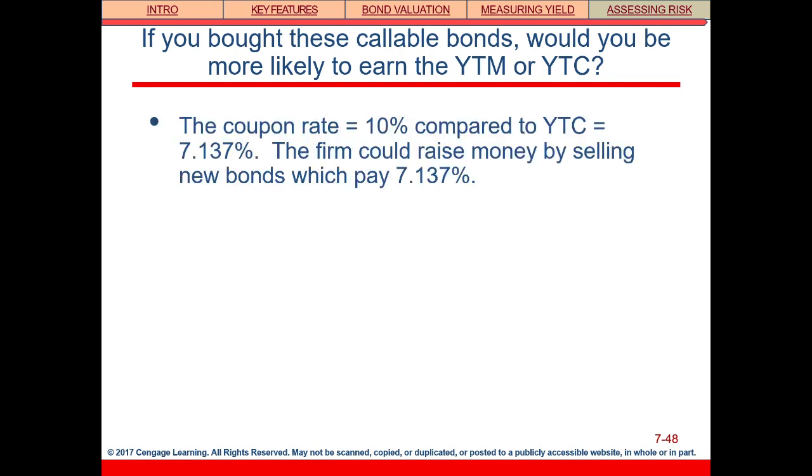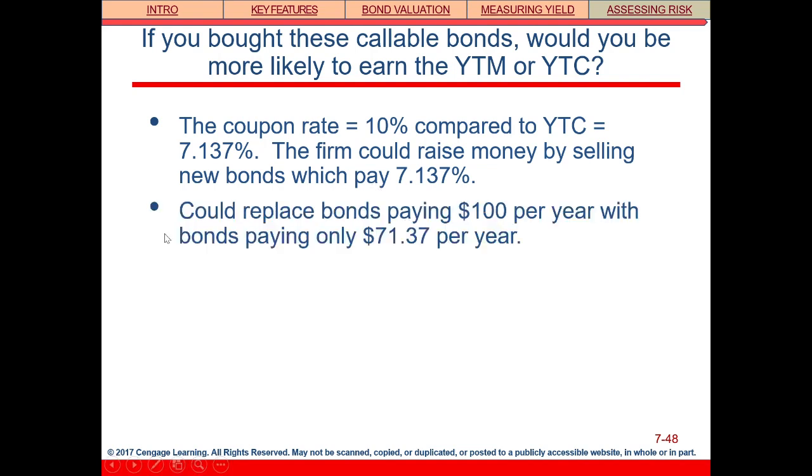So in this case, what is the coupon interest rate? It's 10%, right? And what's the market interest rate? It's 7.137%. Yeah. So in this case, clearly the coupon interest rate is higher. Therefore, the company would want to call back the bond. So they could raise money by selling new bonds, which pay 7.137%.